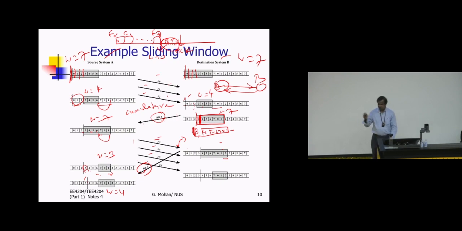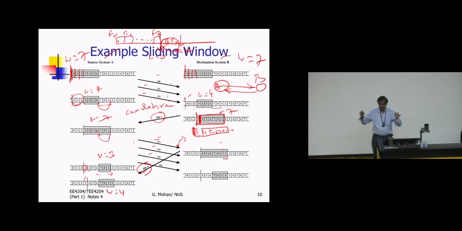When an acknowledgement is received, sometimes there will be confusion whether it is acknowledging frame number 3 in the current window or frame number 3 in the previous window. Because the numbers are repeating, 0, 1, 2, 3, up to 7, then 0, 1, 2, 3, up to 7 again. This frame 3 is different from that frame 3, though the frame number is the same, right?